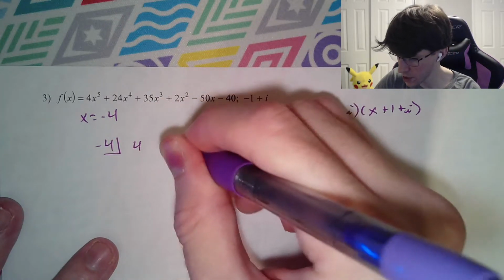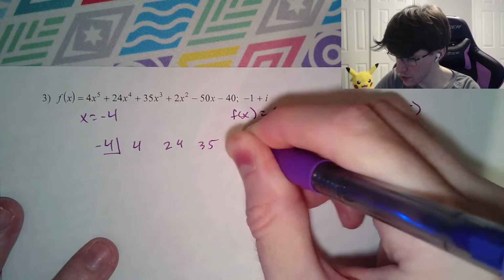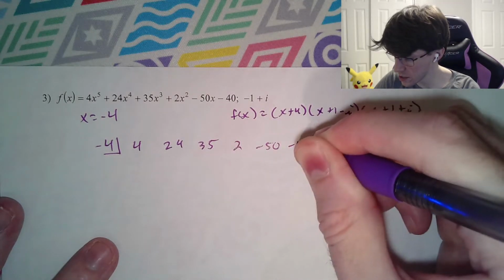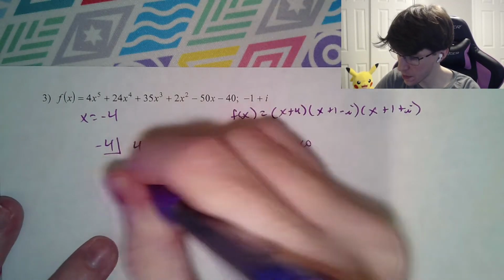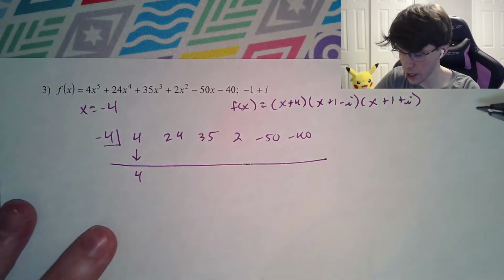So 4, 24, 35, 2, -50, -40. We got the 4 coming down.